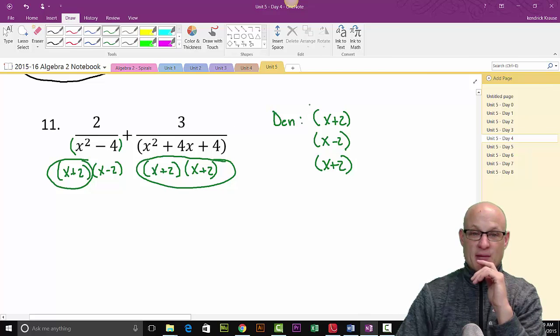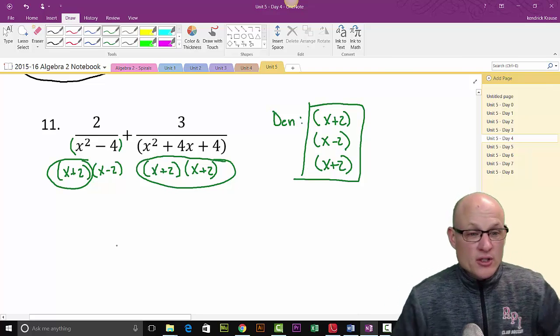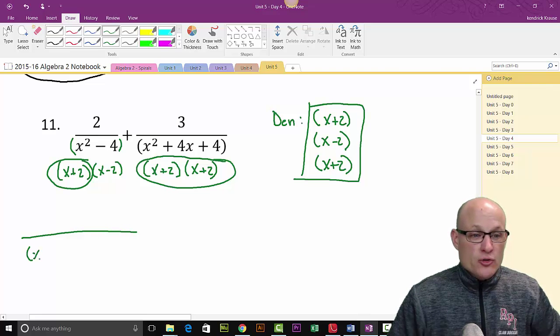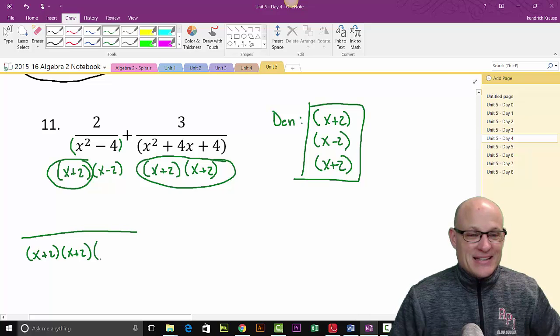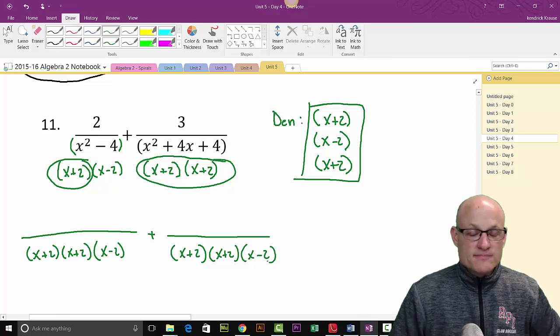So that's my common denominator. 2 x plus 2s and an x minus 2. So my common denominator is 2 x plus 2s and an x minus 2.